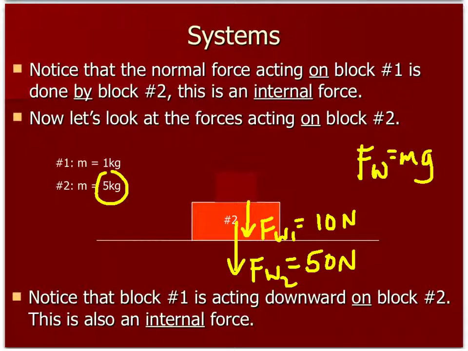That force of block 1 acting downward on block 2 is also an internal force pair, because it's caused by an object within the system on a second object of that system. And when we add those two together, that's how we get the total normal force on block 2 of 10 plus 50 for a total of 60 newtons.